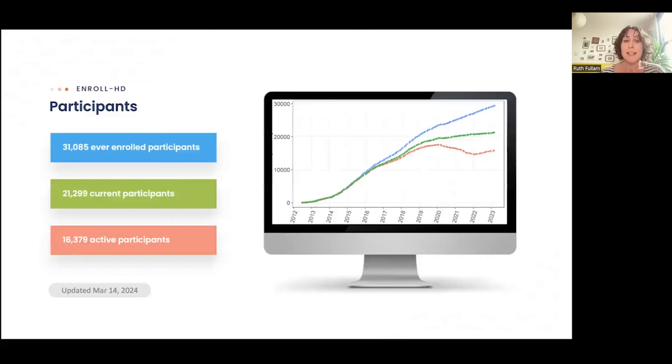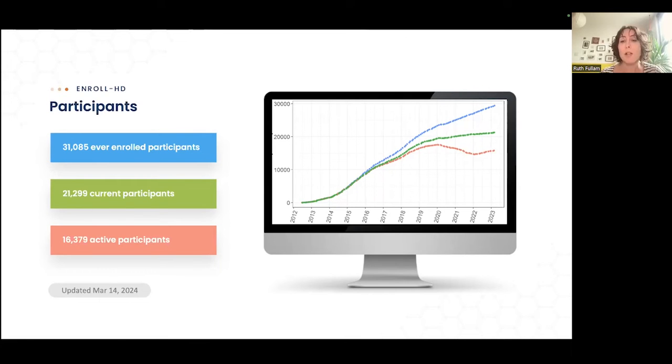Okay, so I'm going to speak about where we are with Enroll moving forward. So we have been extraordinarily successful, and we're extremely grateful to everyone who's taken time out to take part in the study.